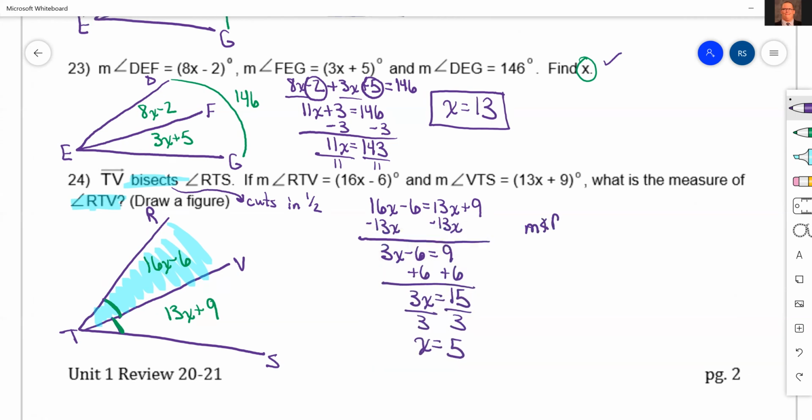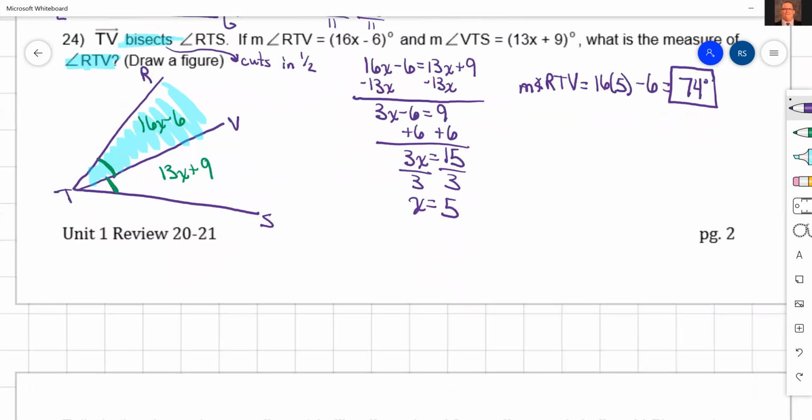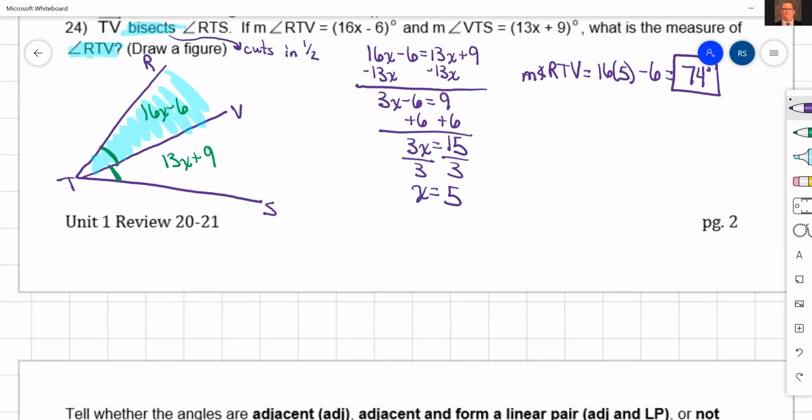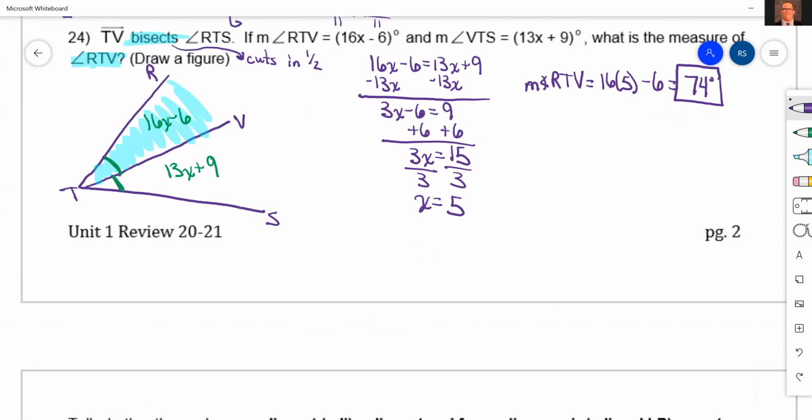Measure of angle RTV equals 16 times 5 minus 6, which is 74 degrees. And bingo was his name. That was number 24.